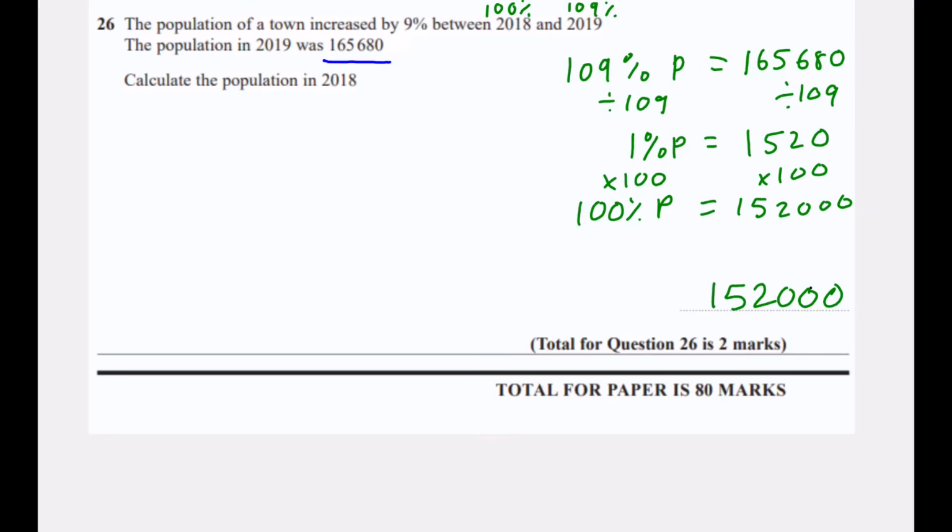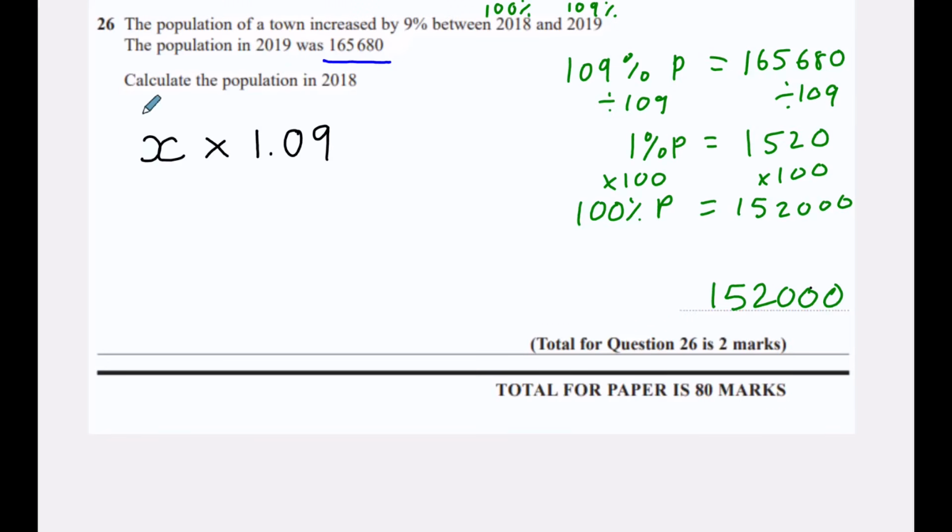We could also set this up like an algebra question. So if we have the original amount, x, and to add on 9%, just like the compound interest before, we times by 1.09.